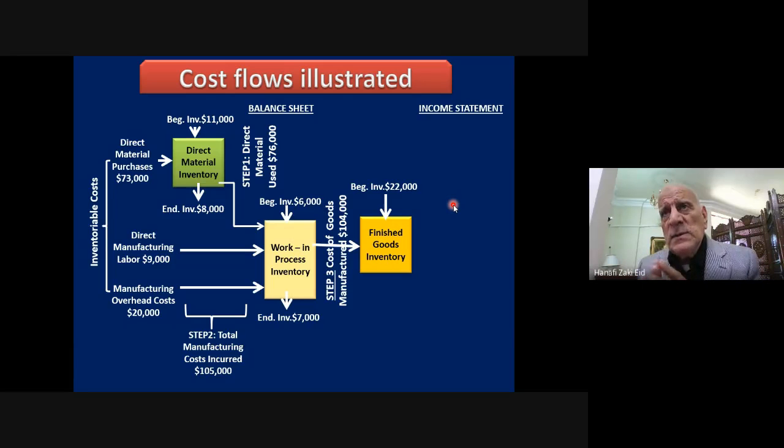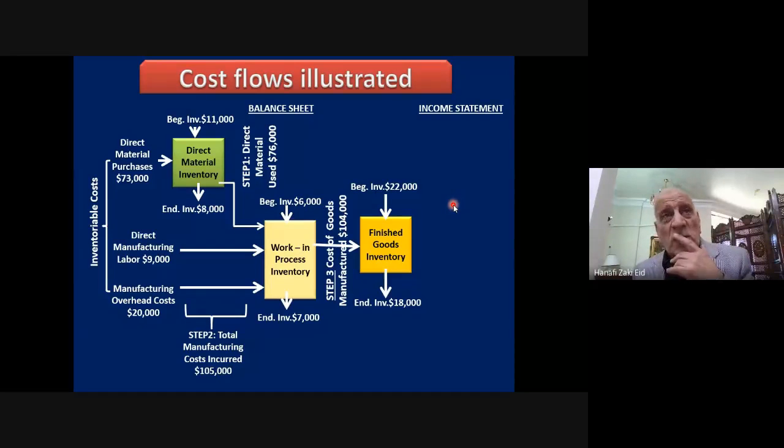During the period, we sold some of these goods, but at the end of the period, we found that some of the finished goods were unsold. So they will be considered ending inventory of finished goods. The ending inventory, which was not sold, amounted to 18,000.